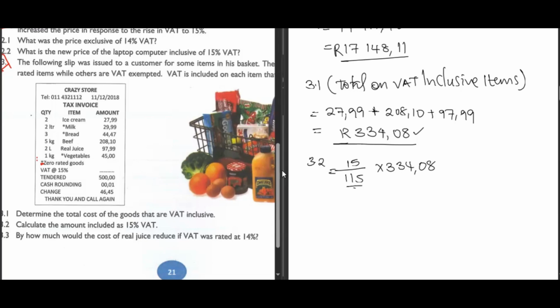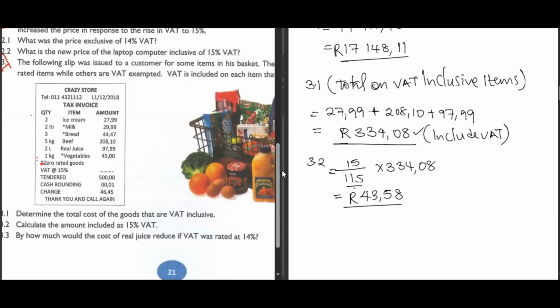Remember, why am I using this? Because this price already includes VAT. So 3.2 wants me to get how much VAT is there already. So I will end up having the answer as 43 rands 58 cents. This is it.